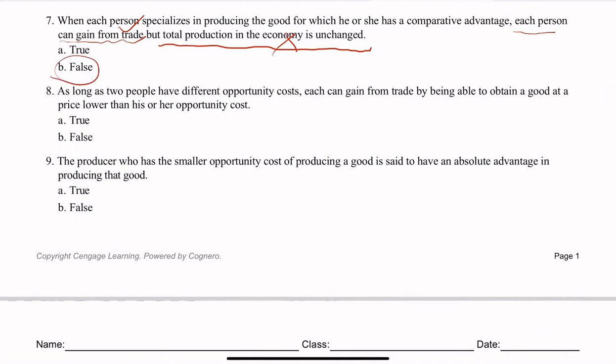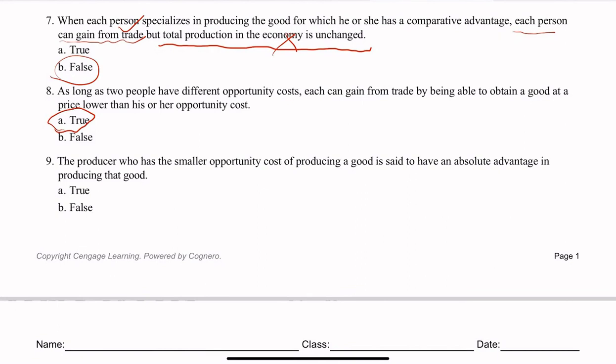As long as two people have different opportunity costs, each can gain from trade by being able to obtain a good at a price lower than his or her opportunity cost. Well, this is true. The reason why people would trade with each other is because there is benefit from trade.